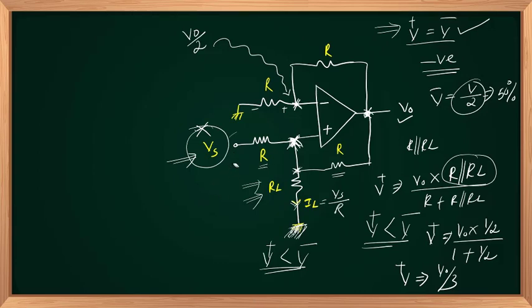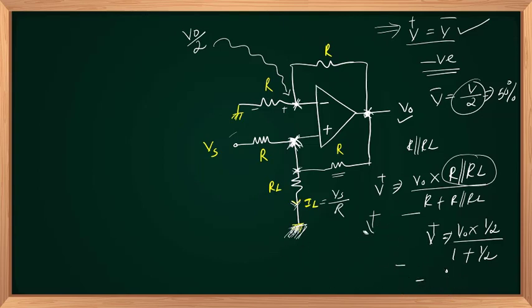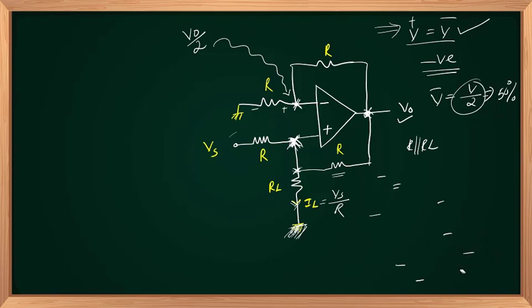Let us see how Vs by R is equal to the current flowing through the resistance RL. While analyzing the circuit, I should connect my independent source back in. Then we have to identify IL, and it will be independent of RL.